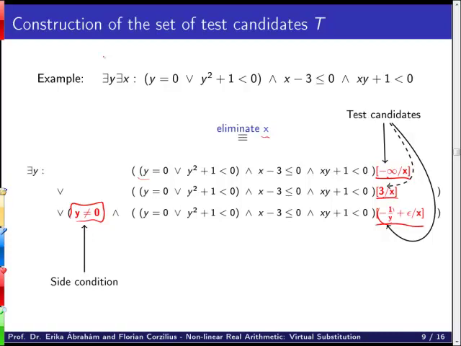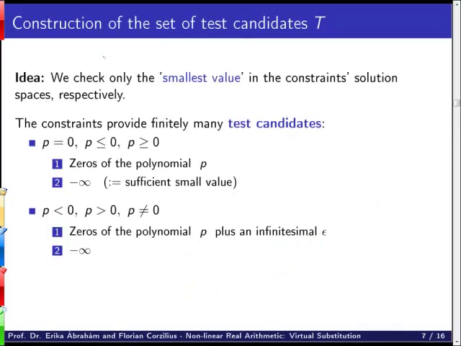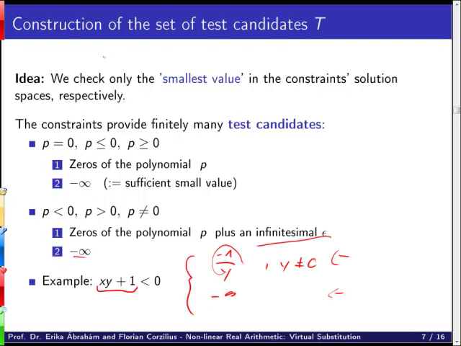The candidates we constructed by considering in which constraints the variable we want to eliminate occurs. So here there are just 2 constraints, and for each constraint we could construct the test candidates. And this was done by, let's take a look at this slide, considering the relation symbol.